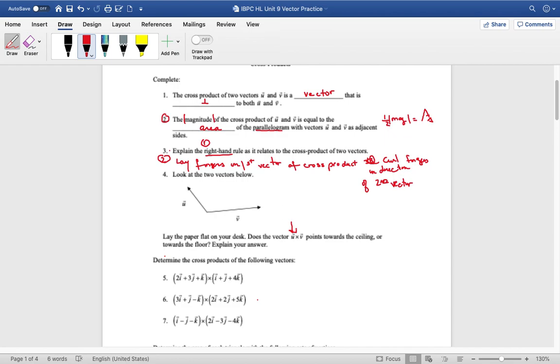So you need to turn your fingers over so that it is your forefinger that is laying on U, and then you can curl your fingers in the direction of V. So since U was the first vector in the cross product, start with U and curl towards V, my thumb would be pointing at the floor. So what would happen, right, and the only explanation for that to me is the right-hand rule, right? That's all I'm going to say there. The right-hand rule is the reason my thumb would point.